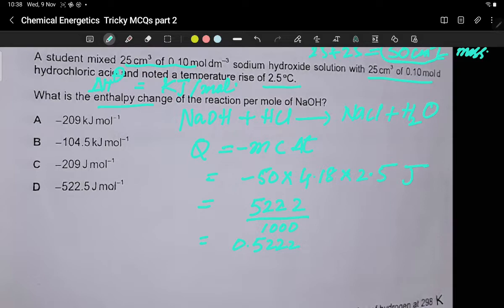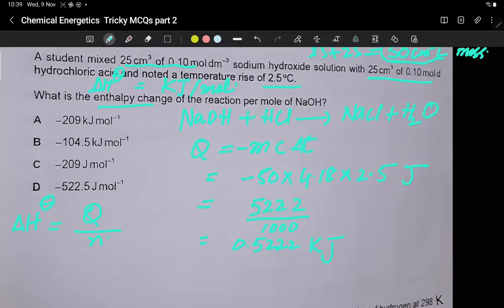Now heat released is in kilojoule. We know that the enthalpy change of reaction is equal to Q over n, where n is the number of moles.